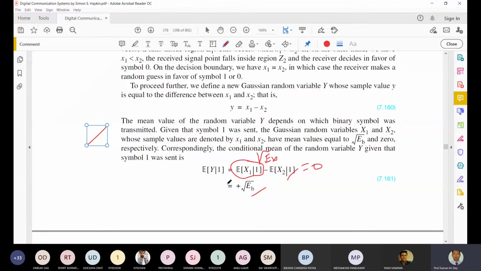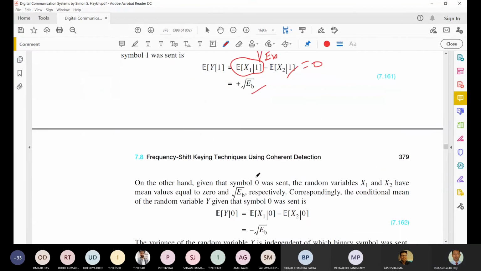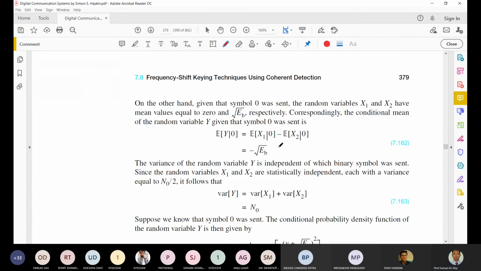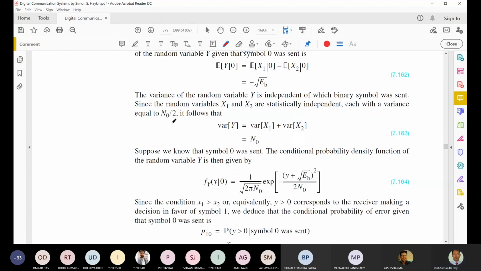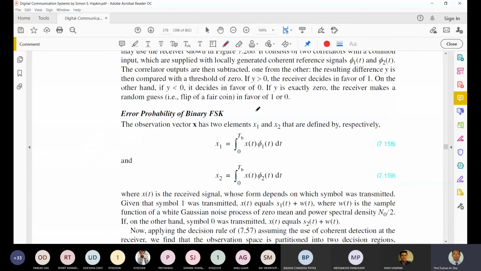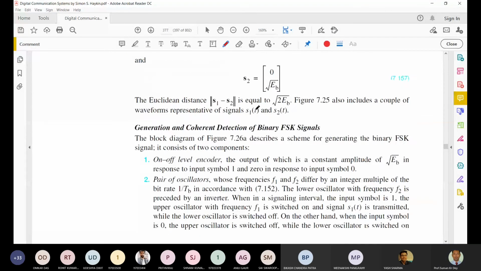On the other hand, when we send 0, what will happen? The random variables x1 and x2 have the two mean values 0 and square root of Eb respectively.